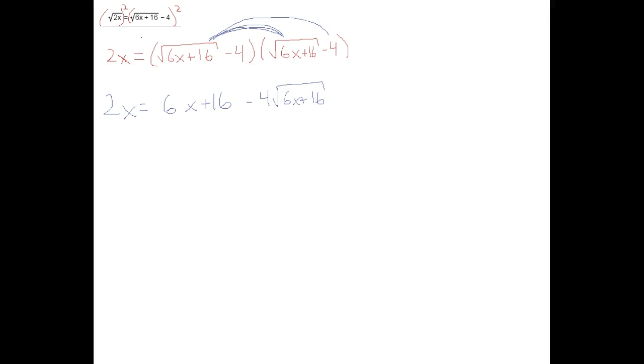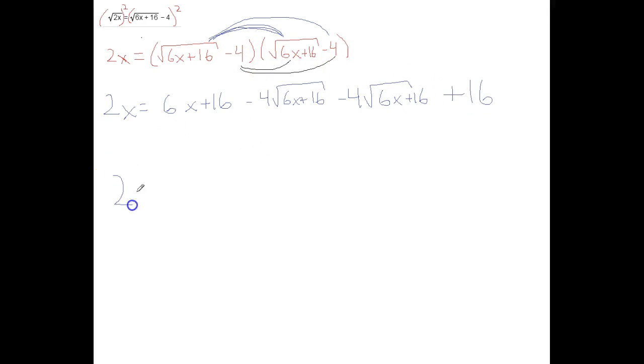All right, and then we need to do the second item here multiplied by everything in the second expression. So a -4 times the square root again gives us a -4 times the square root. And a -4 times -4 gives us +16.